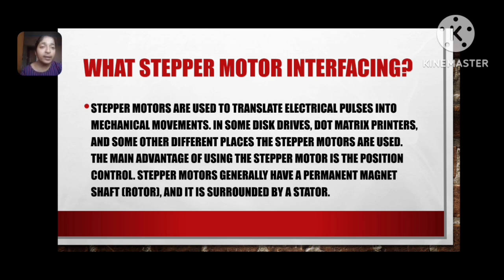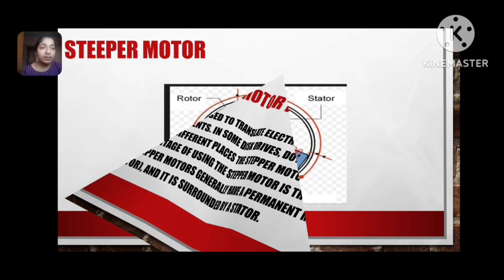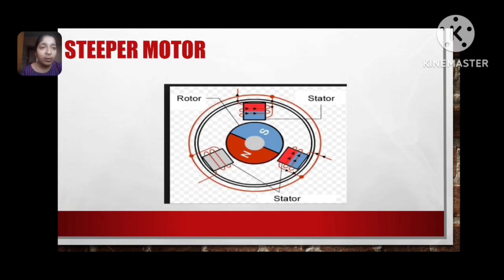The main advantage of using a stepper motor is position control. A stepper motor generally has a permanent magnet, which is the rotor, and it is surrounded by the stator, which we will see in the diagram. See, this is a stepper motor. There are mainly a north and a south pole.